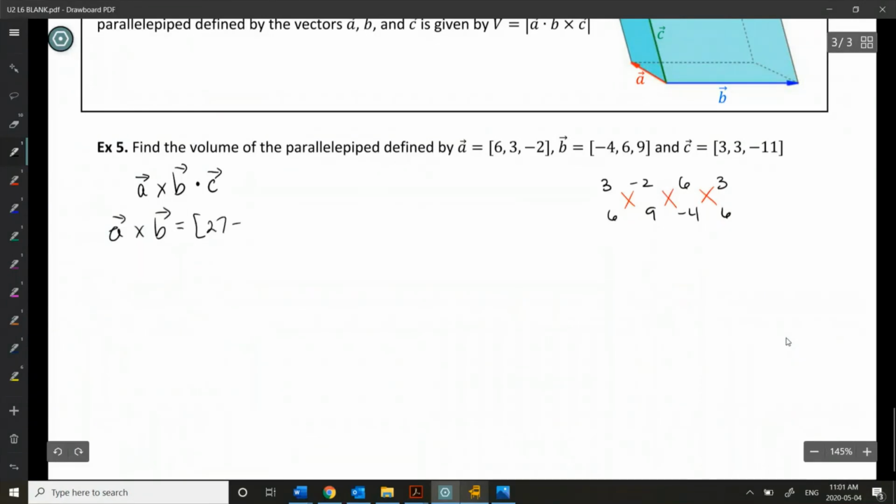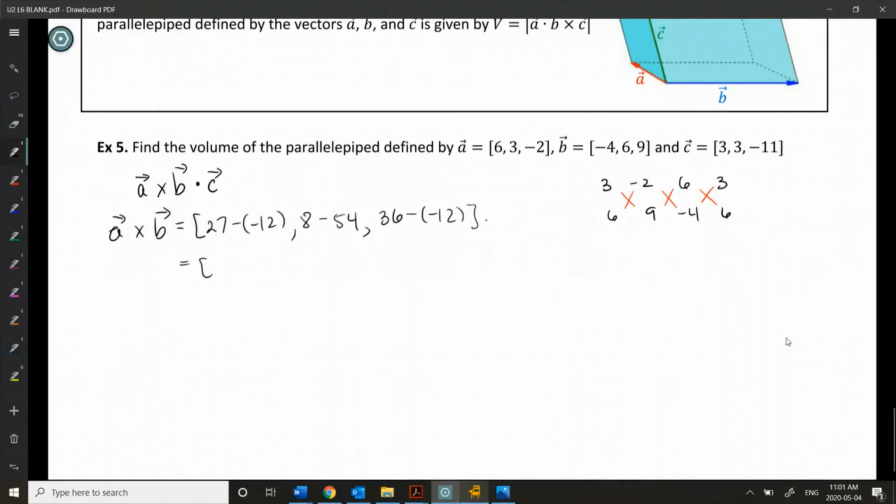So we're going to get 27 minus negative 12 for the first section here. Second section, we get 8 minus 54. And then third section, 36 minus negative 12. Careful with your negatives and positives there. Okay, we're just going to simplify that up. And you should get 39, negative 46, and 48.